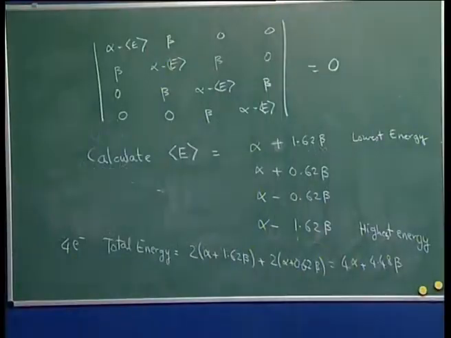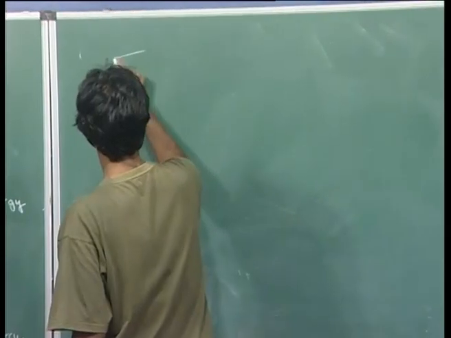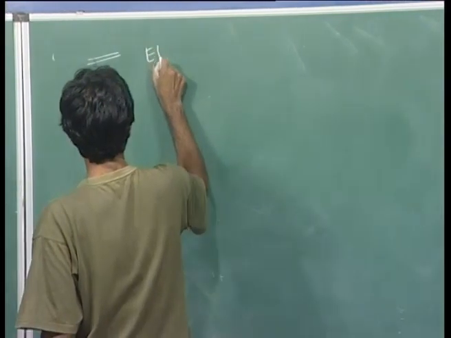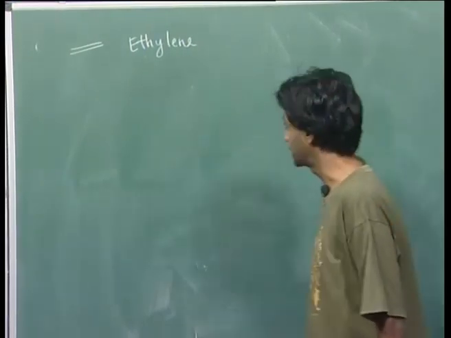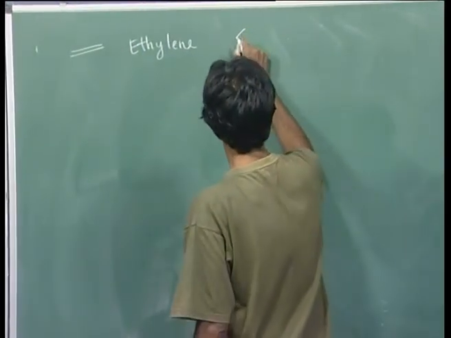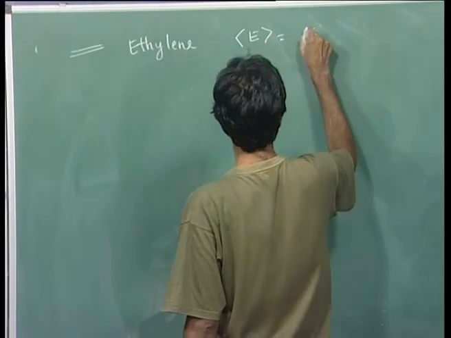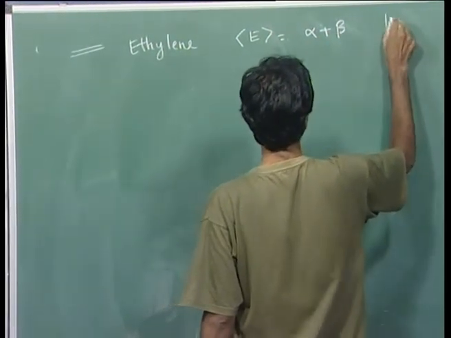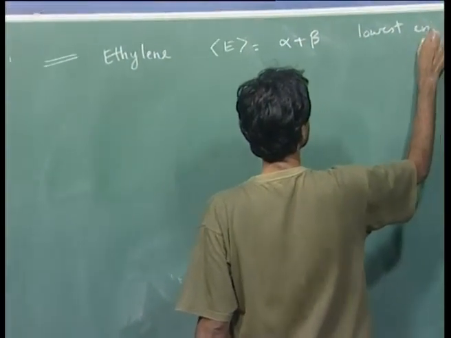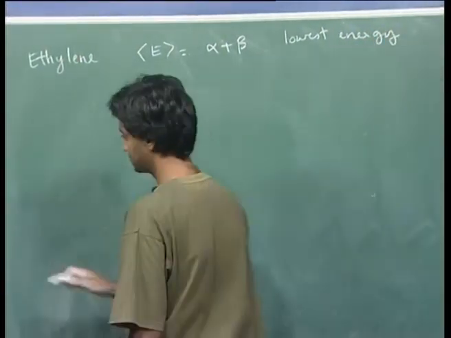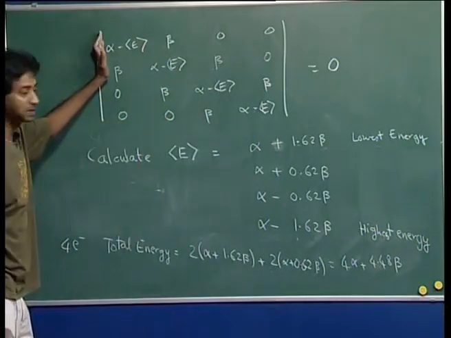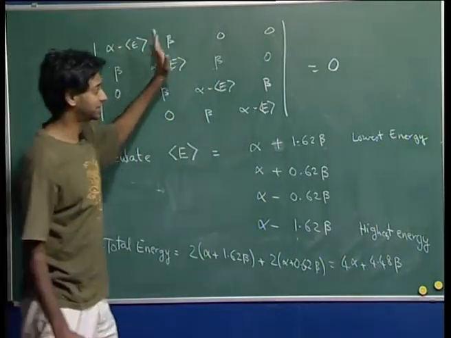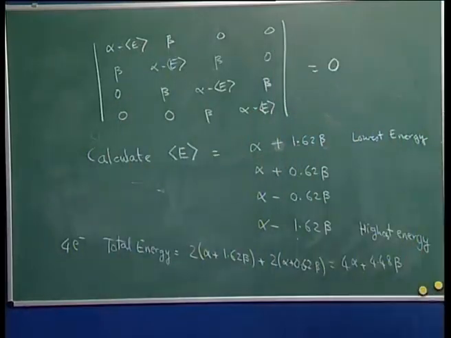To see the significance of this 4.48, you ask yourself what will happen if you just had ethylene. If you do the calculation for ethylene, you will get the lowest energy is alpha plus beta. So you do the same calculation, you'll have only this term. You can have alpha plus beta or alpha minus beta, and the lower energy corresponds to alpha plus beta.